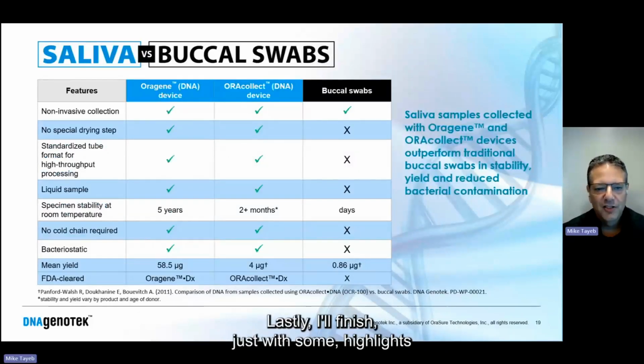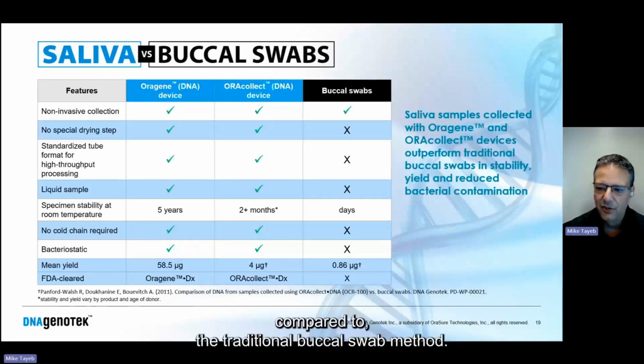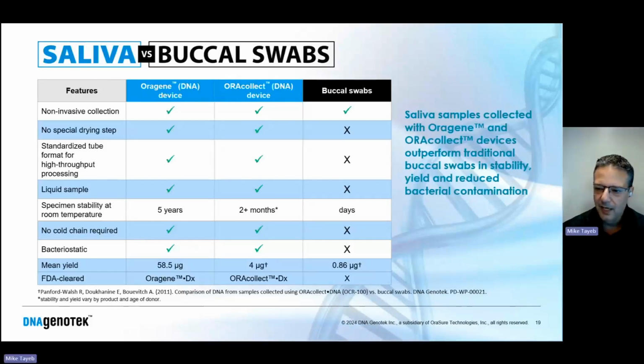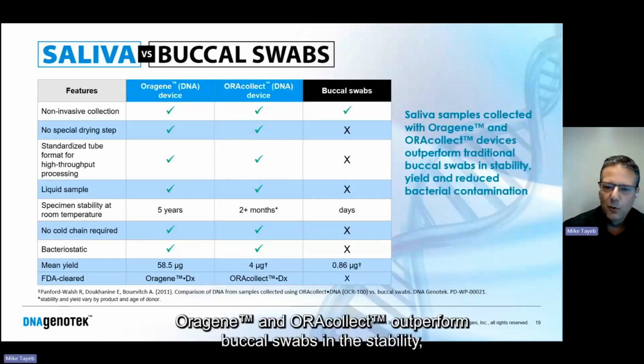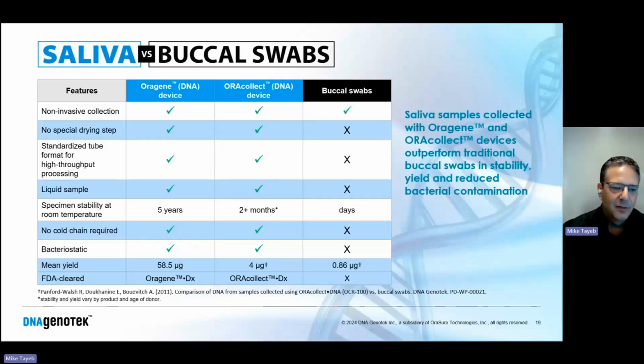Lastly, I'll finish just with some highlights from a comparison of saliva collected with Oragene and OraCollect compared to the traditional buccal swab method. First, Oragene and OraCollect outperform buccal swabs in the stability, the DNA yield, and reduced bacterial contamination metrics.